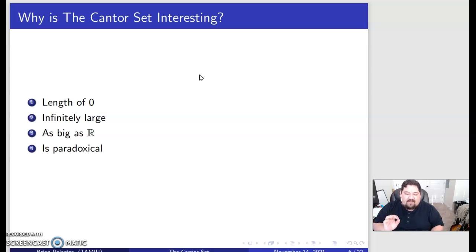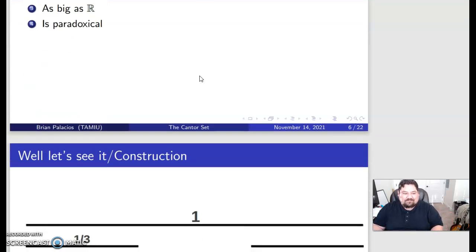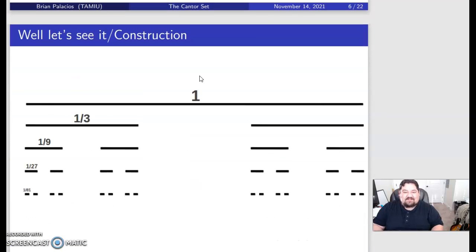And not only does it have an infinite amount of points, but it has so many points that it's as big as the set of all real numbers, which is paradoxical in a way because we keep on removing, but we're making a bigger and bigger hole. We keep on taking stuff out, but it's still as big as the set of all real numbers, which is very interesting.